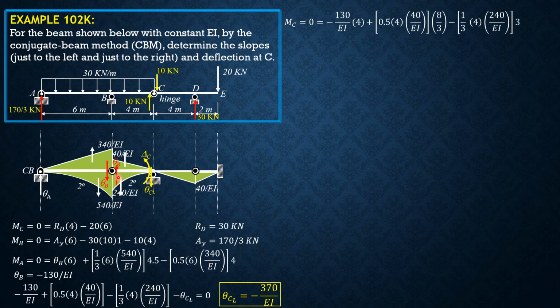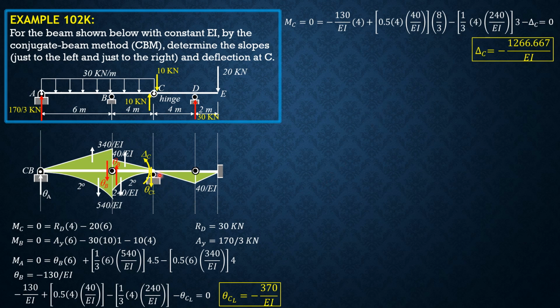This distance is 4 over degree plus 2, 4 over 2 plus 2, so 1. So that means the moment arm is 3 meters. Then minus delta C equals 0. So from here we can solve delta C. Delta C is equal to negative 1266.667 over EI.